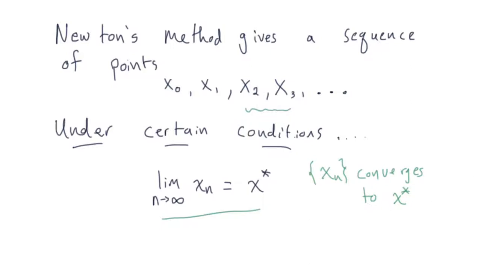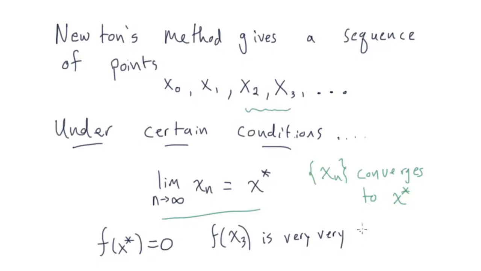And remember, the whole point of all of this is that f of x star is 0. So I'm trying to solve this equation for this x star, and maybe f of x3 is very, very small.